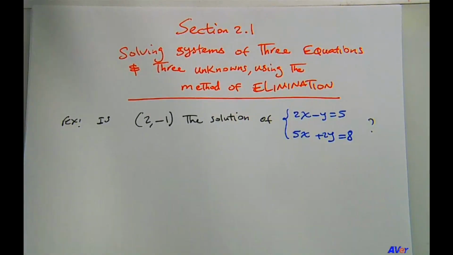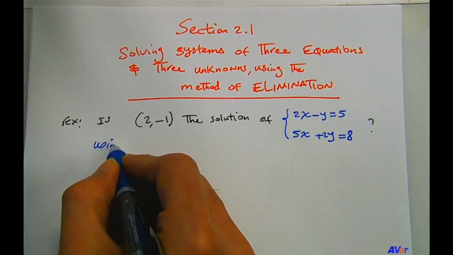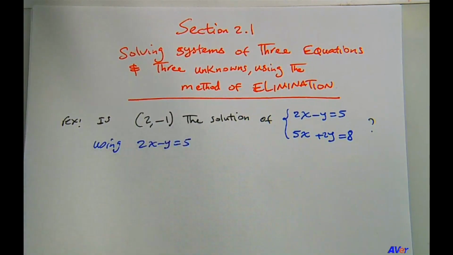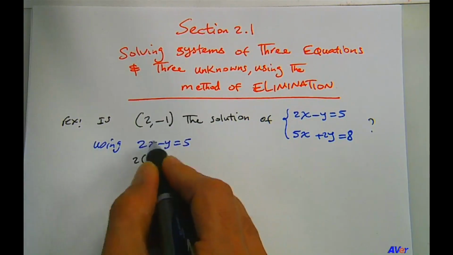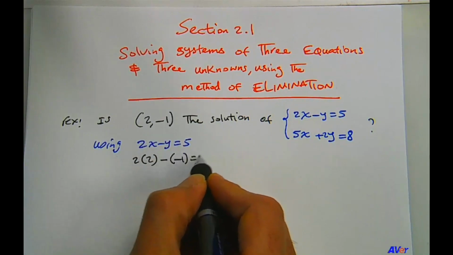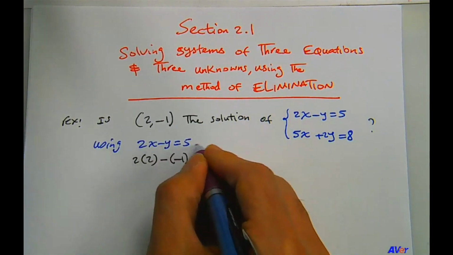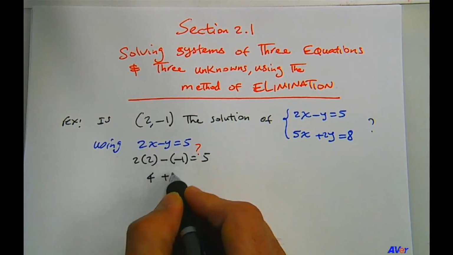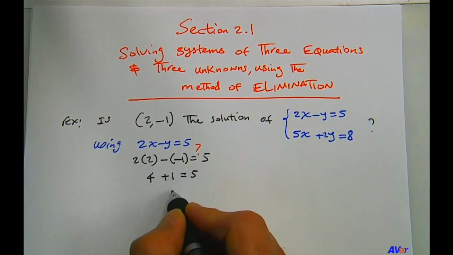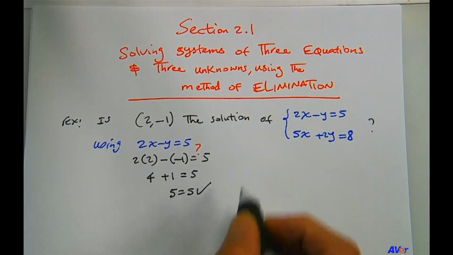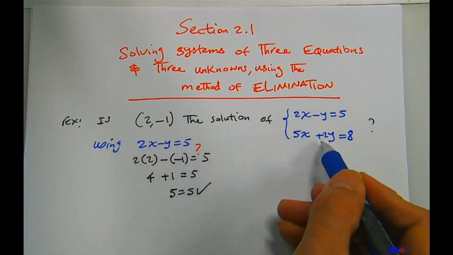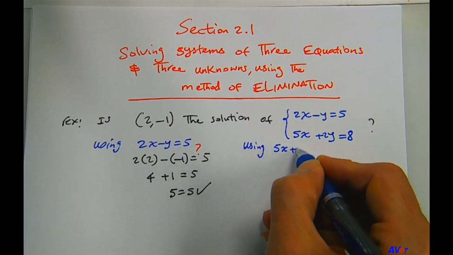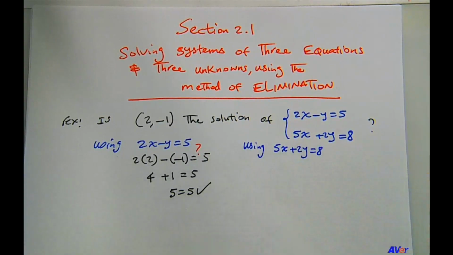So first, we're going to use the first equation, 2x minus y equals 5. Let's plug in. So 2 times 2 minus (-1). We're asking if the left side is equal to the right side. So we have 4, minus negative 1 is plus 1, and we have 5 equals 5, which checks out. So now let's check the second equation, using 5x plus 2y equals 8.